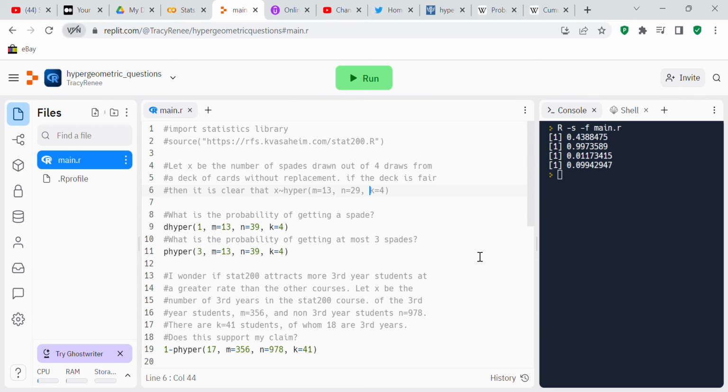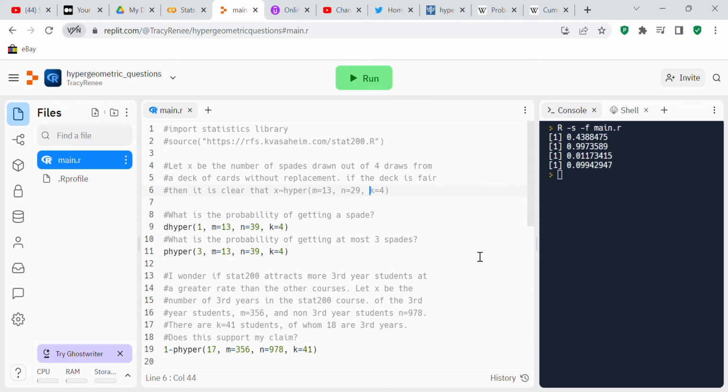And the answer to that is 0.4388475. The next question is, what is the probability of getting at most 3 spades? And that's phyper, with 3 because you want at most 3 spades, 13 because there are 13 spades in the deck, 39 because 52 minus 13 is 39, and then 4 because you're going to have 4 draws.